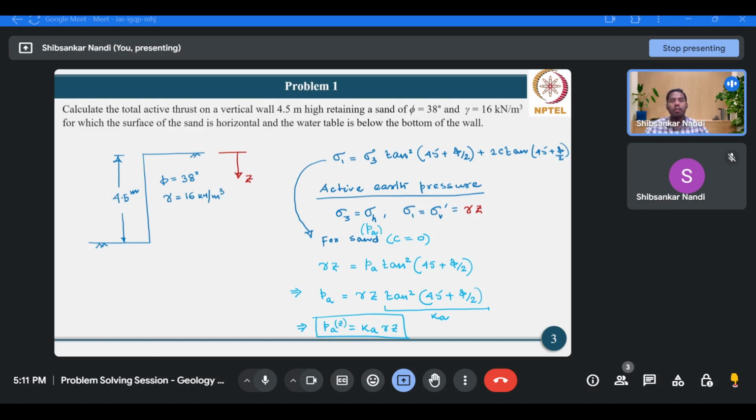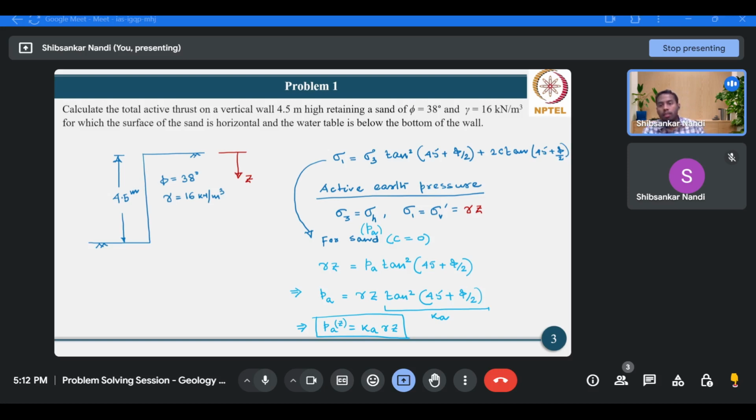As you can see, for the given backfill condition, what are the backfill conditions? The backfill is sand, it has a horizontal surface with no inclination, that is, the top surface is horizontal, and the sand is in completely dry condition. For these conditions, the active pressure will vary linearly with the height of the retaining wall.